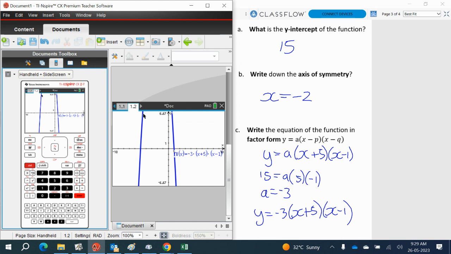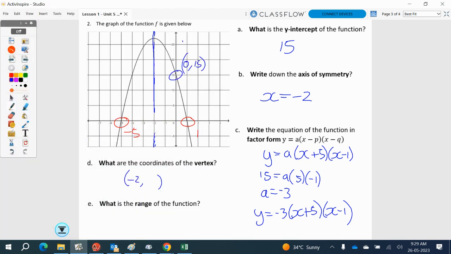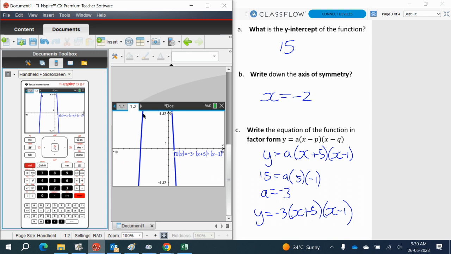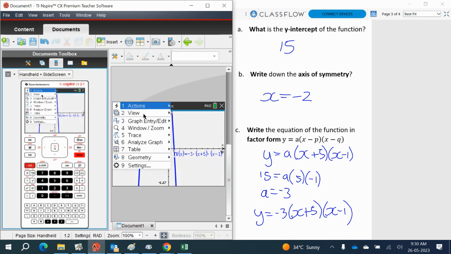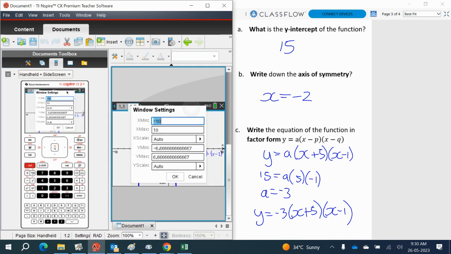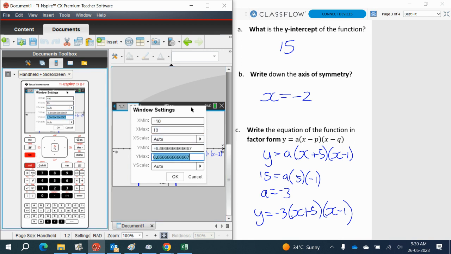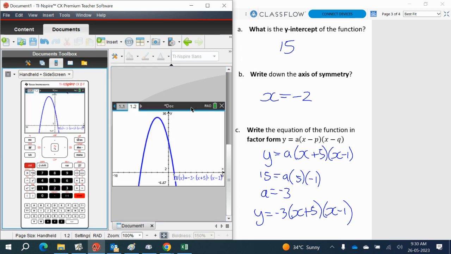We can't see the vertex. We need to change our window settings. If you remember on the graph, it goes up to 25, 30. So we want to go up to 30 here. These ones don't matter, minus 6 and 4 should do us. So let's change our window settings. Menu, window, window settings. The maximum y value needs to be 30, and then we'll see the graph.